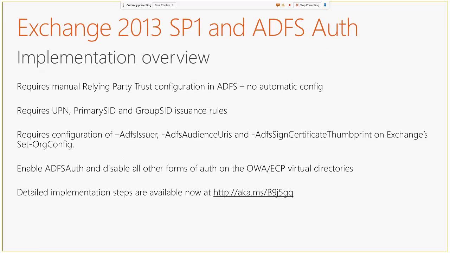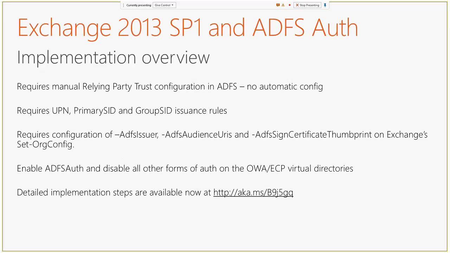If you try it in the lab, you will find out that if you only issue a UPN claim, stuff will work just fine. The primary SID and group SID were required in the beta steps, and the guidance seems to have been written during the beta days, so it still says you need a primary SID and a group SID claim in there.